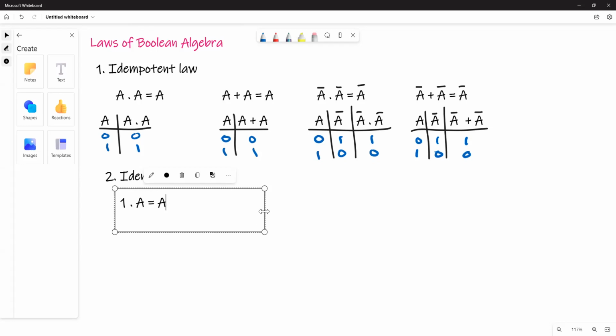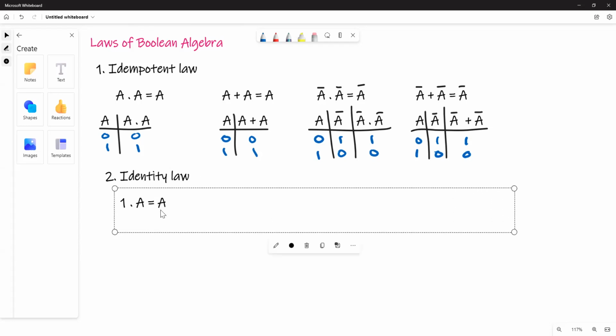Because when you multiply with 0, 1 into 0, you will get 0, 1 into 1, you will get 1, which means 1 into A is A, right? So this is the first one.